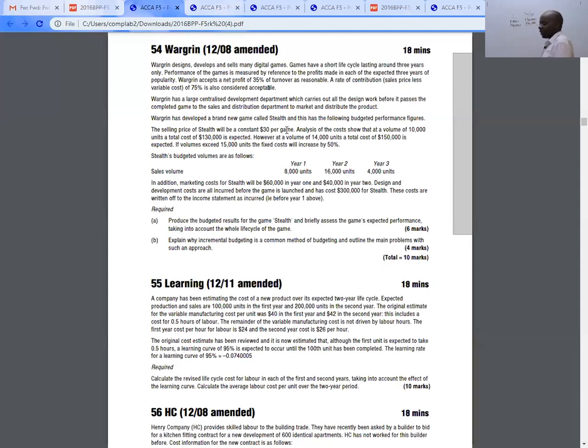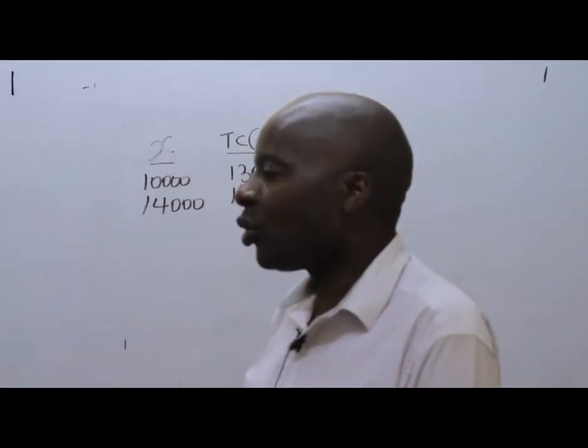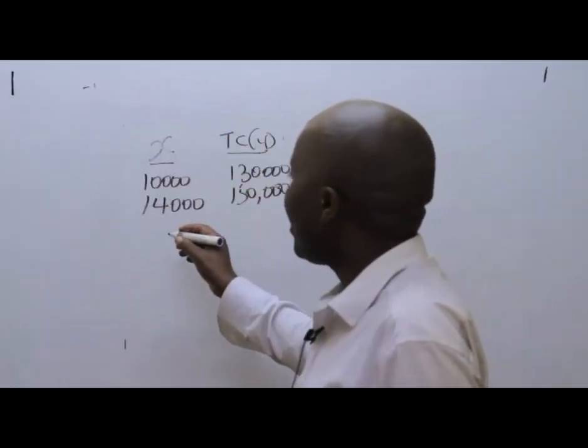Great. Once I have these two points, what am I supposed to do very fast? I should be able to use them to get the gradient. So how do I get the gradient?